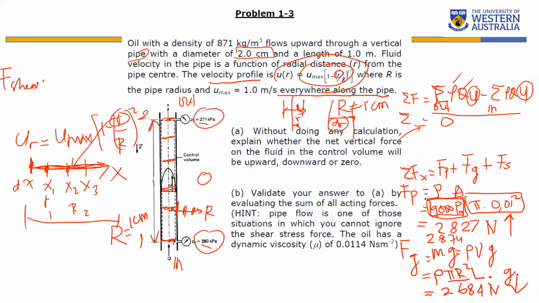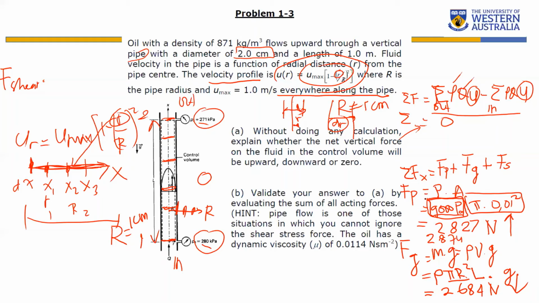Yeah, 9,000 Pascal. Okay, maybe I made a mistake in the calculation. I will directly calculate right now. 9,000, 3.14, 0.01 square. I mean, it's basically 9,000 Pascals times pi times radius squared.